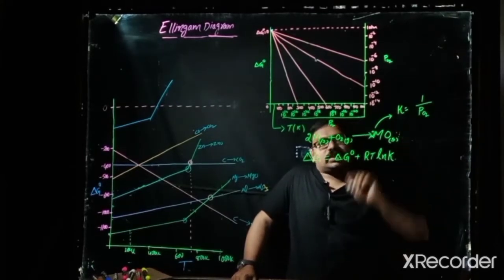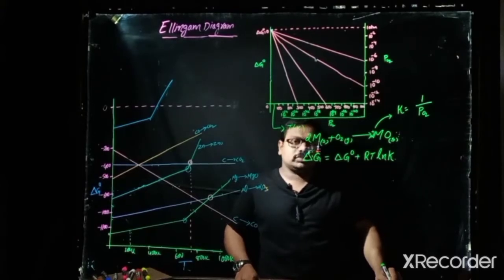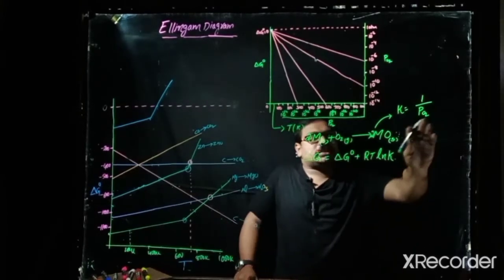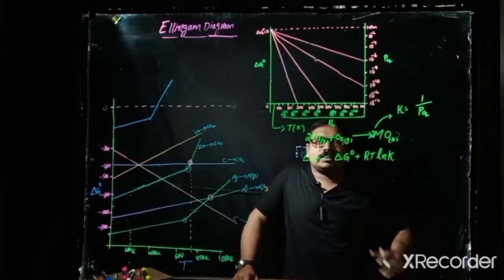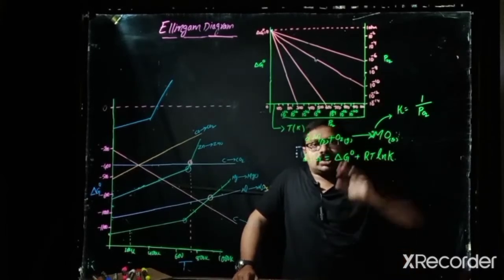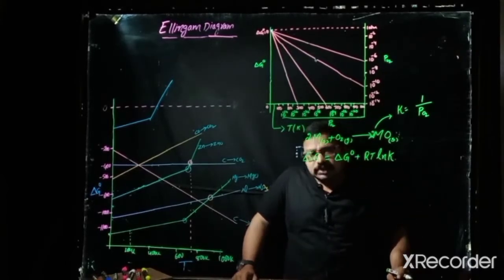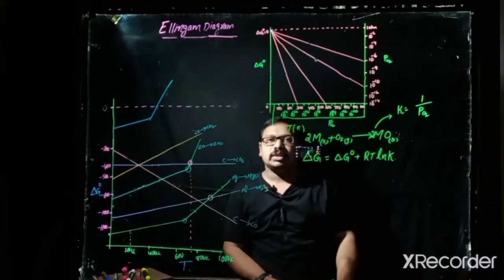This is what we call the equilibrium partial pressure of oxygen. By using the equilibrium partial pressure of oxygen, we calculate the standard Gibbs free energy for the oxidation of the metal.